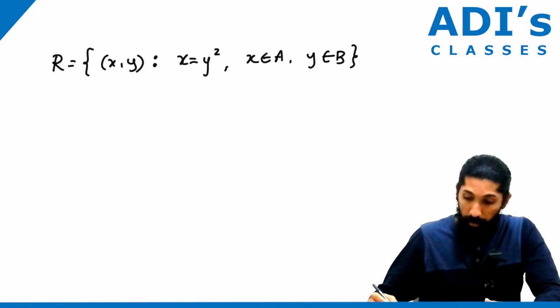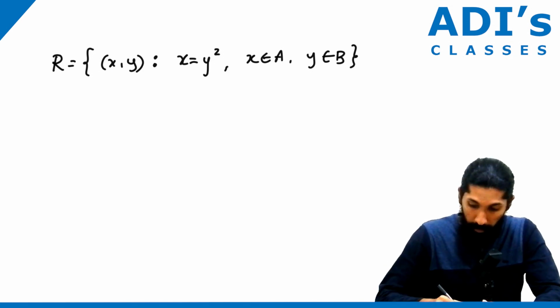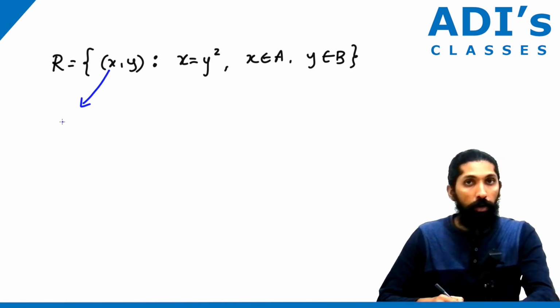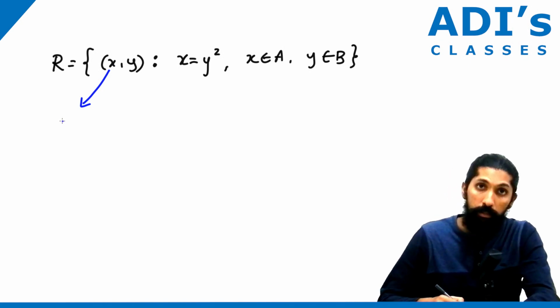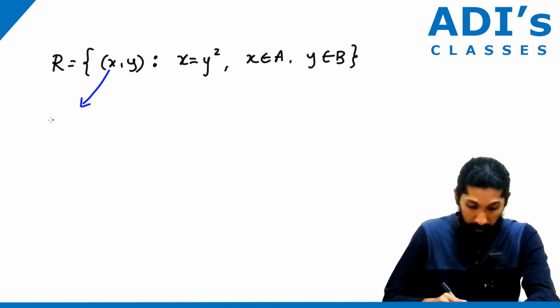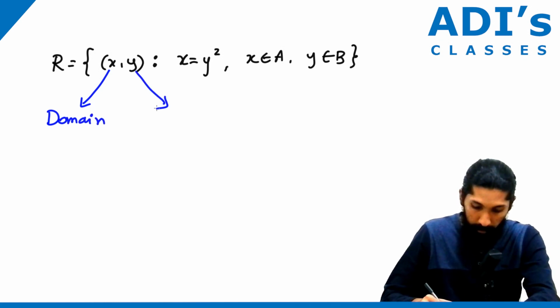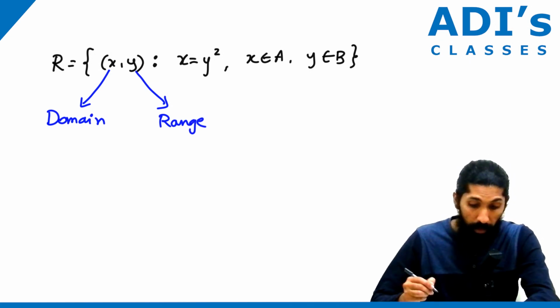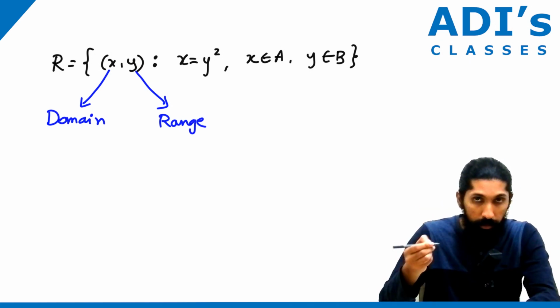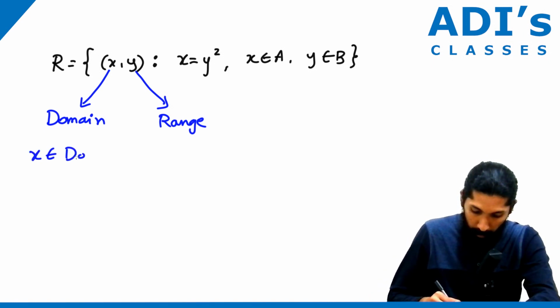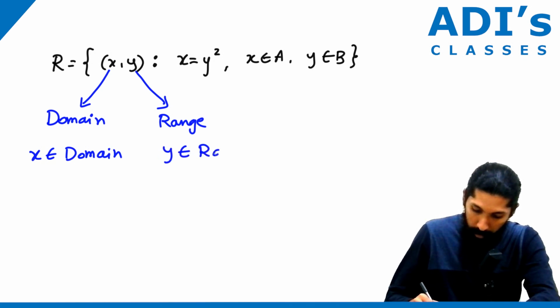Since we are looking at an ordered pair, the x value is going to be the first element, y value is the second element. In the sense, x is going to be the domain and y is going to be the range. Or in other words, x belongs to domain and y belongs to range.